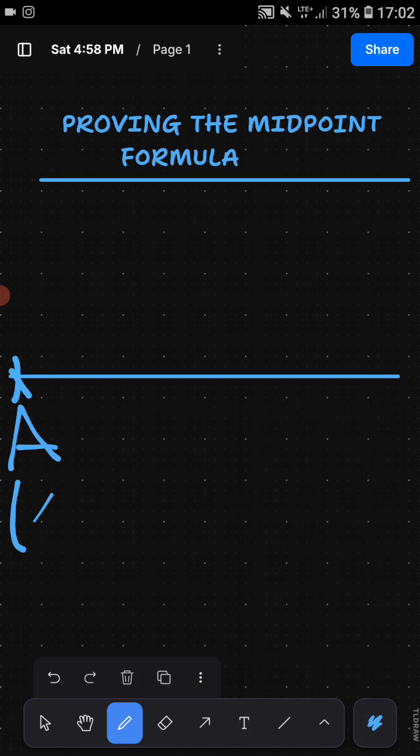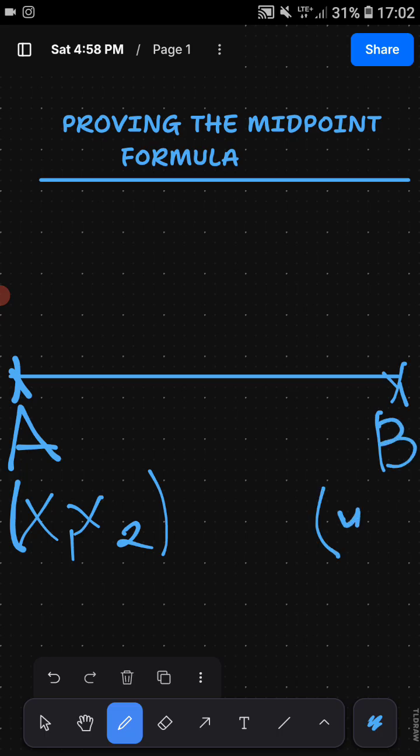A has coordinates x1 and y1, okay, and B has coordinates x2 and y2. Okay, now this is a straight line starting from point A to point B.